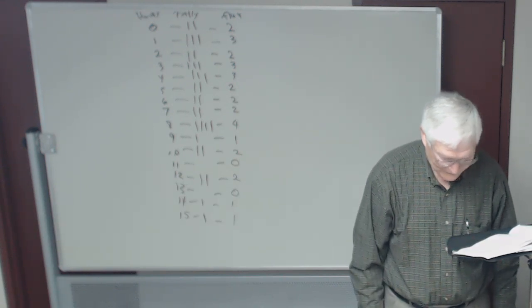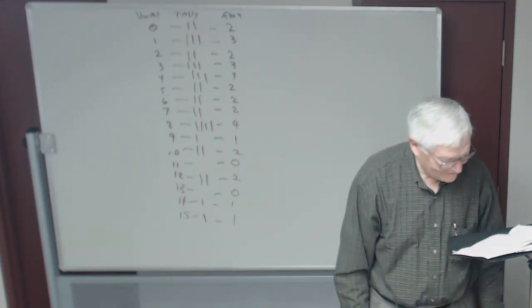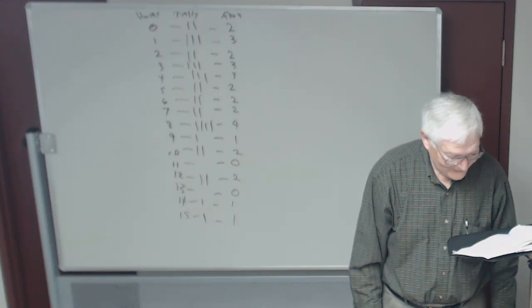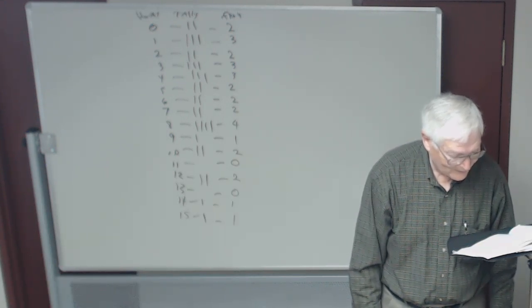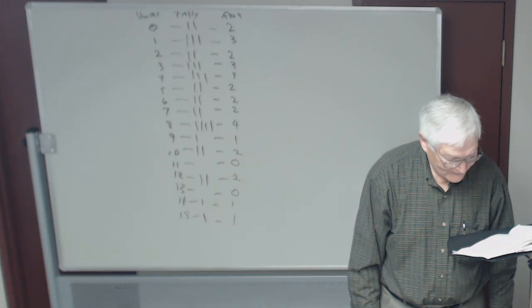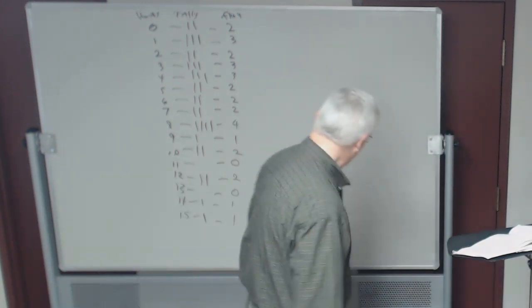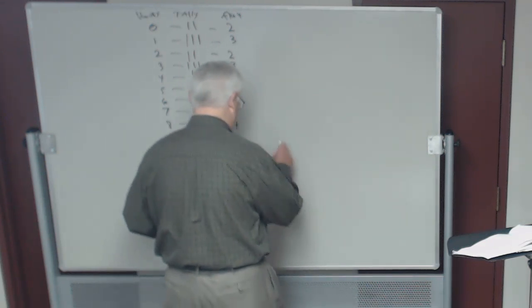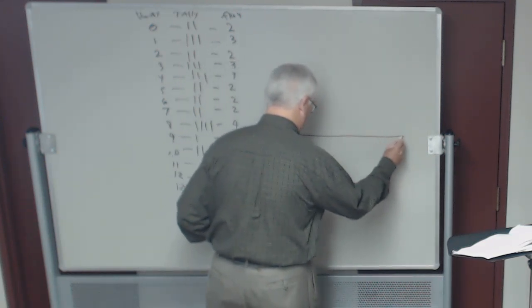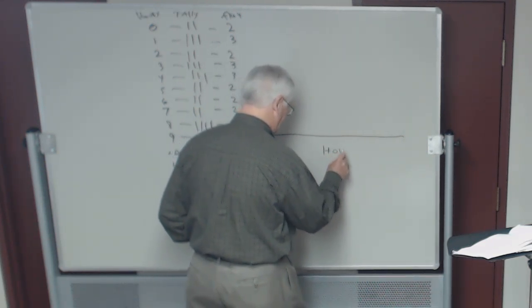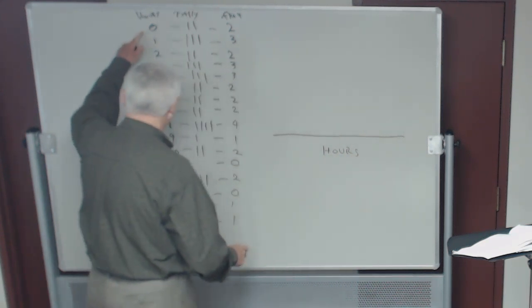So, now let's make a histogram. Well, how cool is this? Problem 12. Let's make a histogram for the data obtained in problem 11. So watch how we make a histogram. Hours. See these hours?